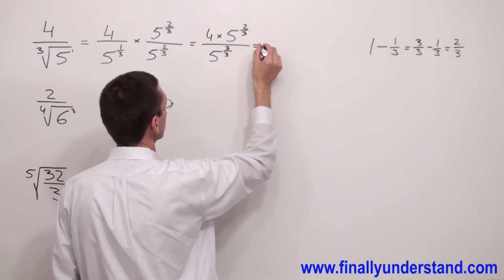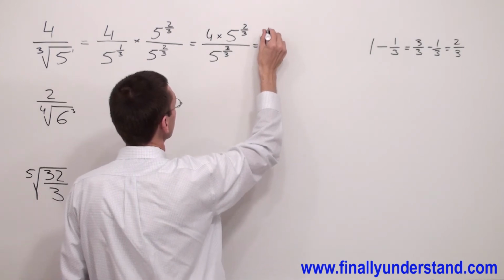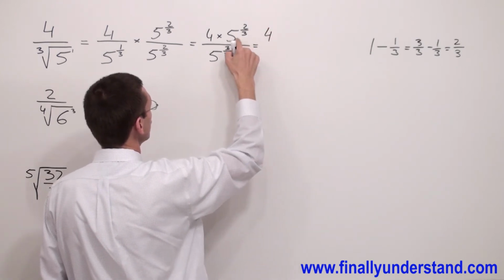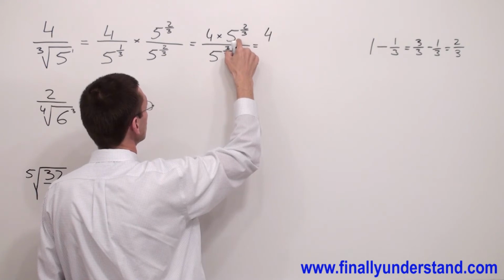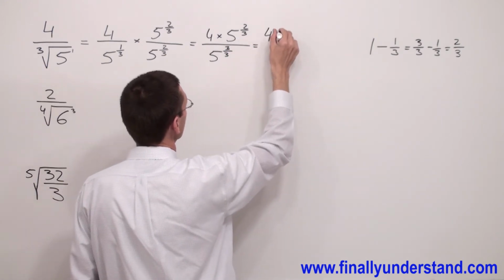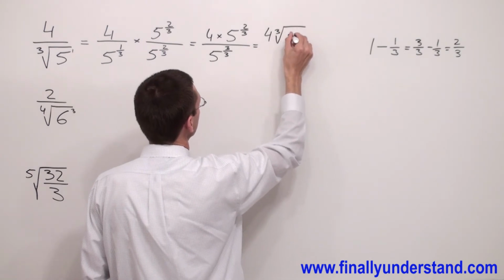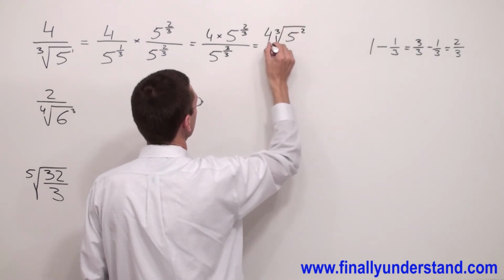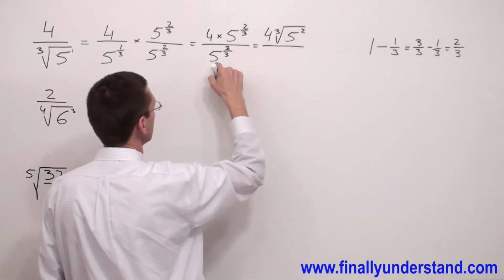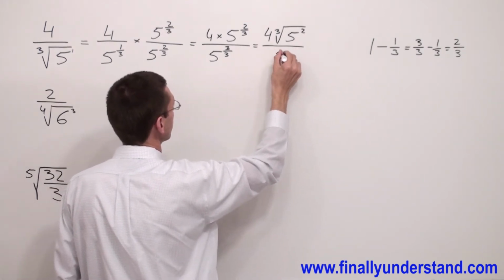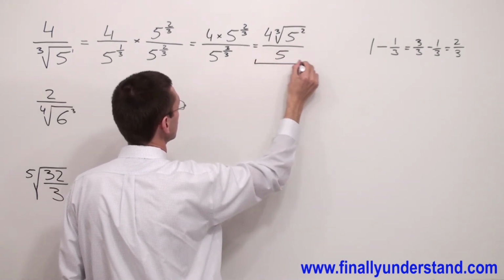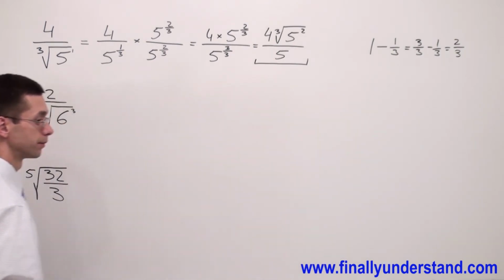That's why I'm going to have 4, and I'm going to convert exponential form to the radical form. I'm going to have cube root of 5 to the second power over 5. This is the solution to my problem.